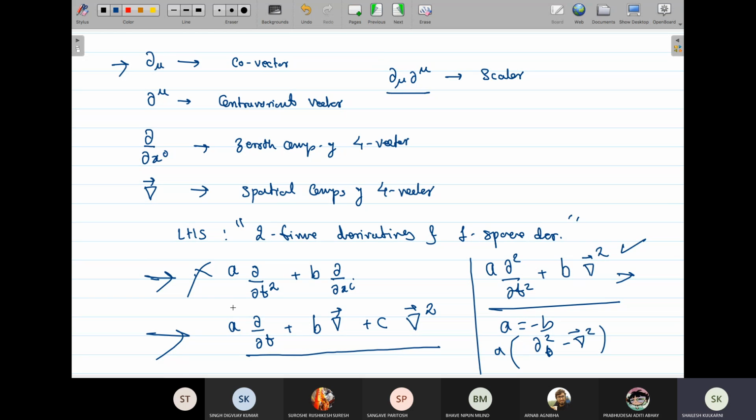What about this? Or I will give you a new term. Suppose I construct A times del del x0 plus B times del del xi. Suppose I have a term like this, say A equal to... is it Lorentz covariant?